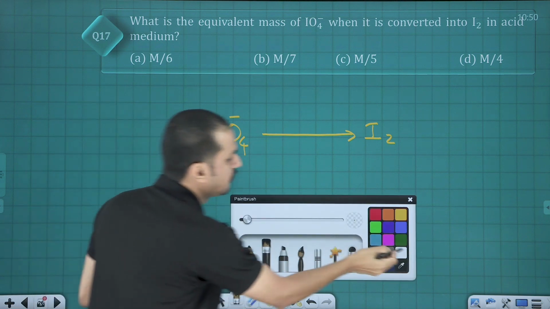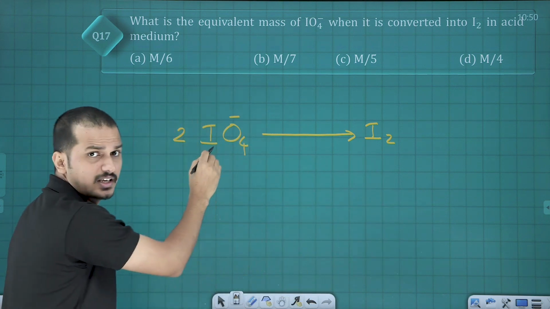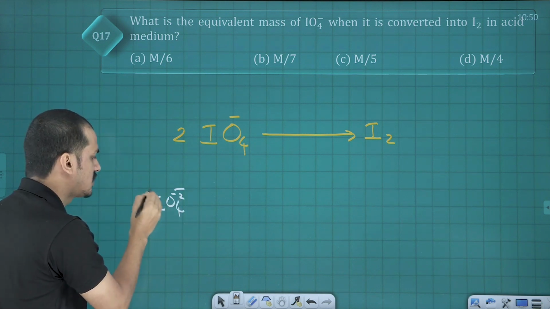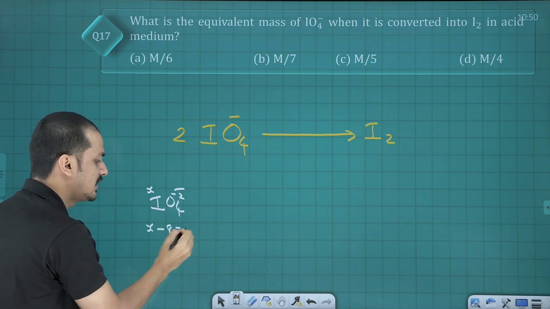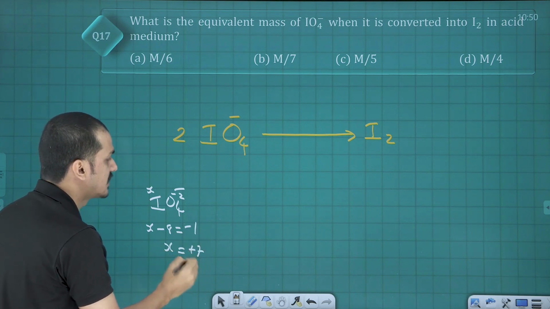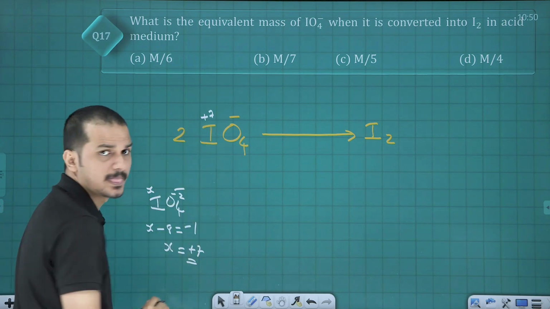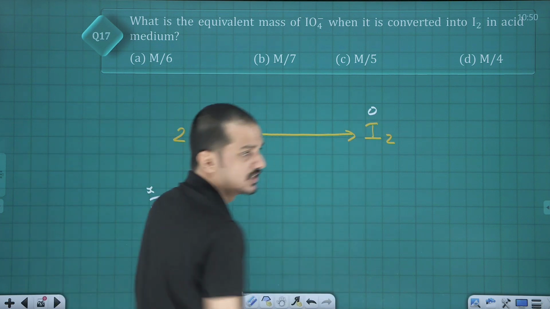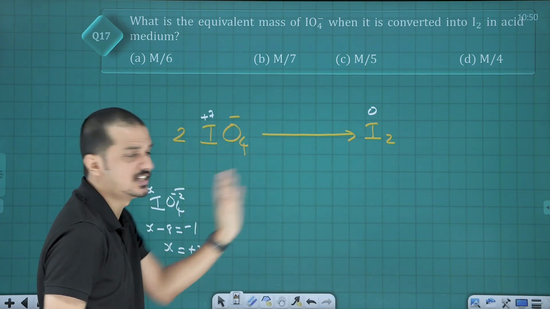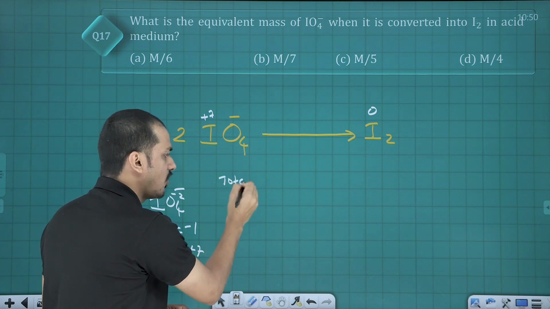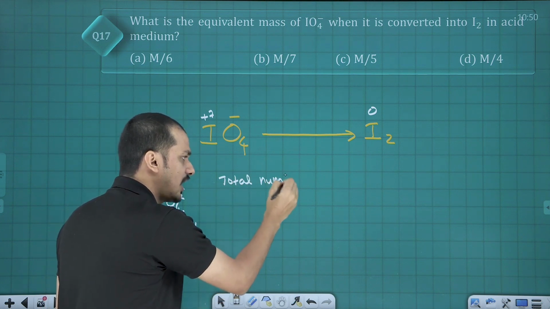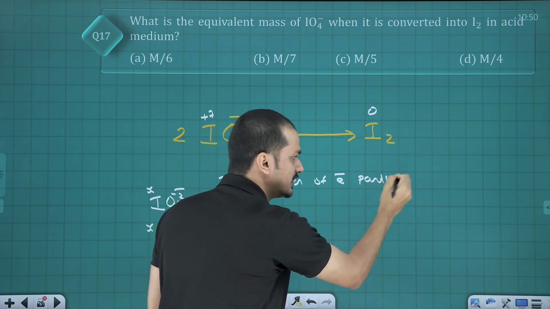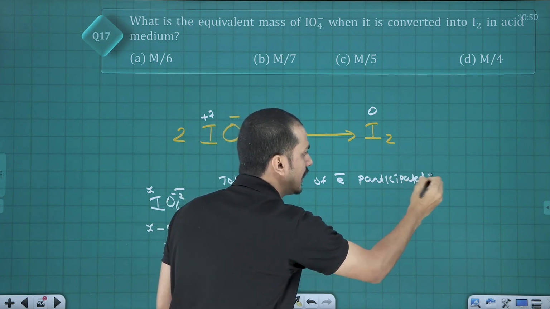Next, I have to find the oxidation state of this iodine. Here IO4 minus means oxygen is minus 2 and this one is X. So X minus 8 equals minus 1, X equals plus 7. You will get plus 7 here. So during this conversion, once iodine comes here, its oxidation state is 0. Looking at this change, the total number of electrons participated equals, how can we solve?